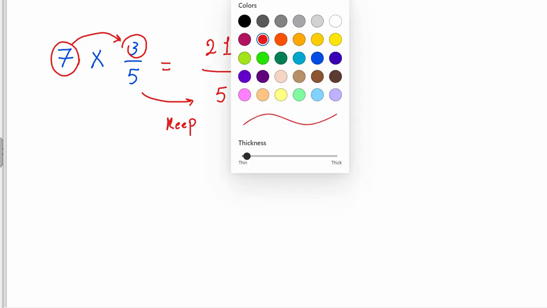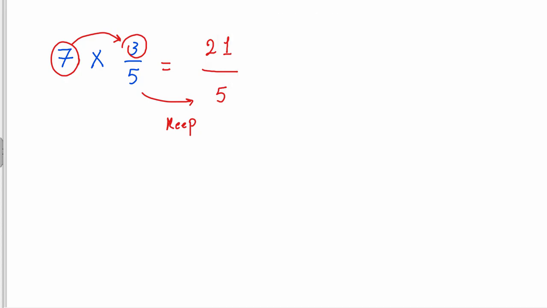We can do one extra step here, since we see that 21 over 5, 21/5, is an improper fraction. And improper fraction means that the numerator is greater than the denominator. The improper fraction is a fraction more than whole one.